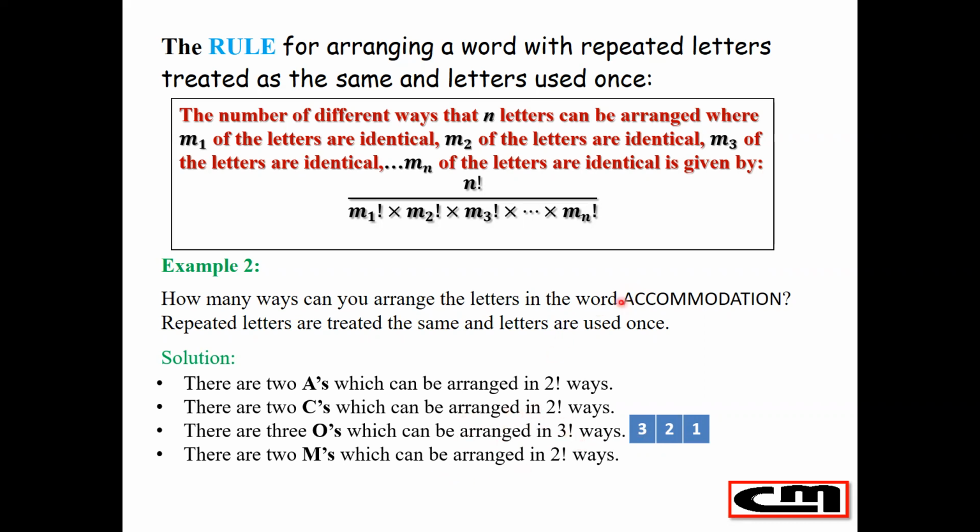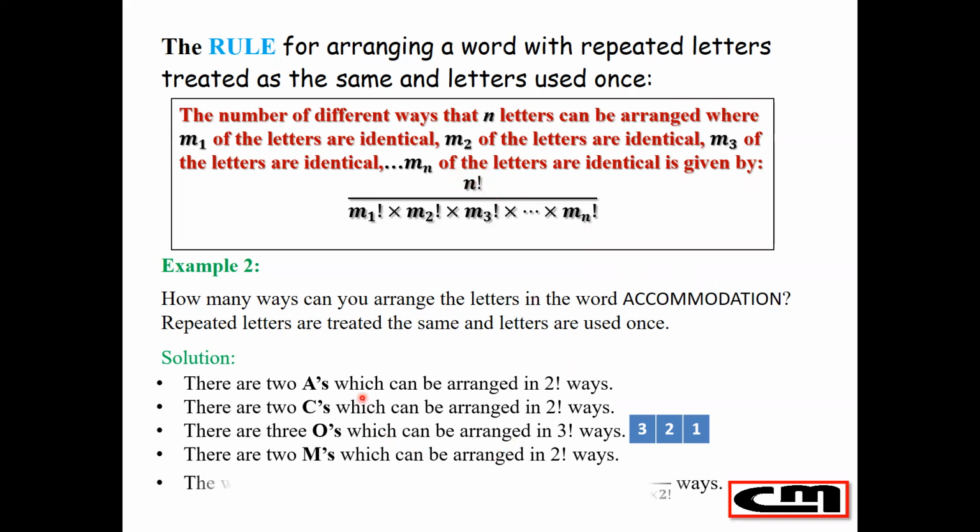We need to count how many letters we have in the word accommodation, right? And if we count them, there are 13 letters, right? The 13 letters, we are going to consider them different so that we find our n factorial, right?